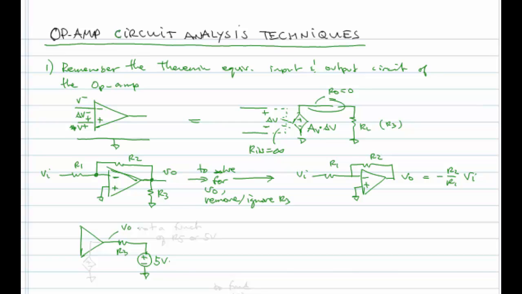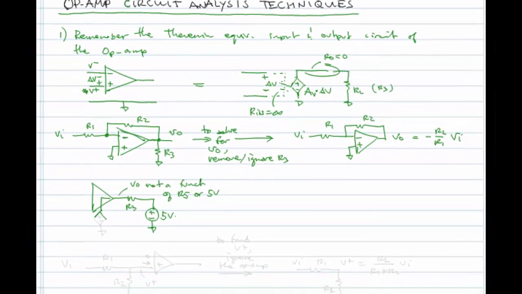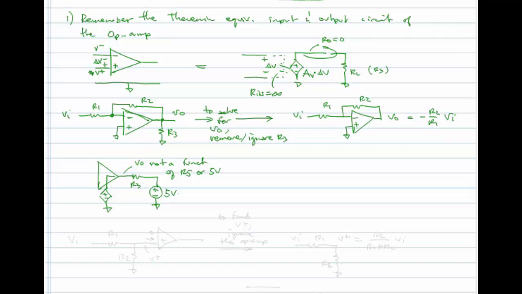Well, VO is not a function of R5 or 5 volts. Why? Because again, what's inside here is a voltage source. The voltage source trumps the voltage across its terminals. It's going to determine what the voltage is across its terminals. And so R3 and 5 volts will not matter.